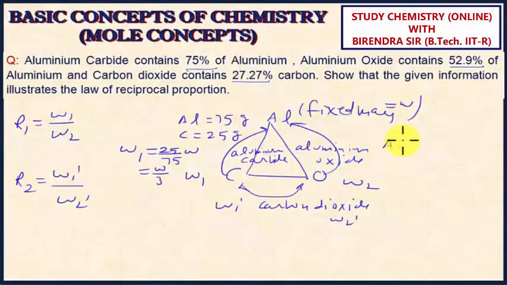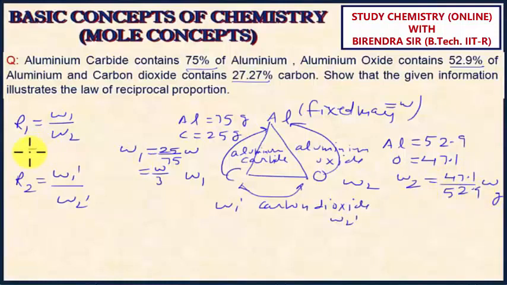Here the aluminium percentage is given 52.9. So oxygen here will be how much? Oxygen here will be 47.1. So again unitary method, 52.9 grams of aluminium are present with 47.1 gram of oxygen. So W gram will be present with how much?